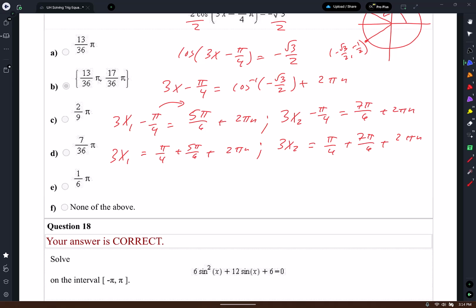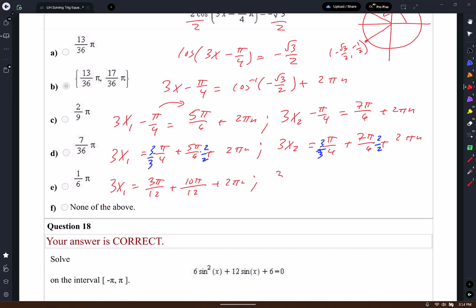I need a common denominator. The smallest common denominator that both of them have in common is 12. Do you guys see that? Multiply this one by 3 over 3. Multiply this one by 2 over 2. Same thing with this. 3 over 3 and 2 over 2. So here we go. 3x1 equals 3 pi over 12 plus 10 pi over 12 plus 2 pi n.